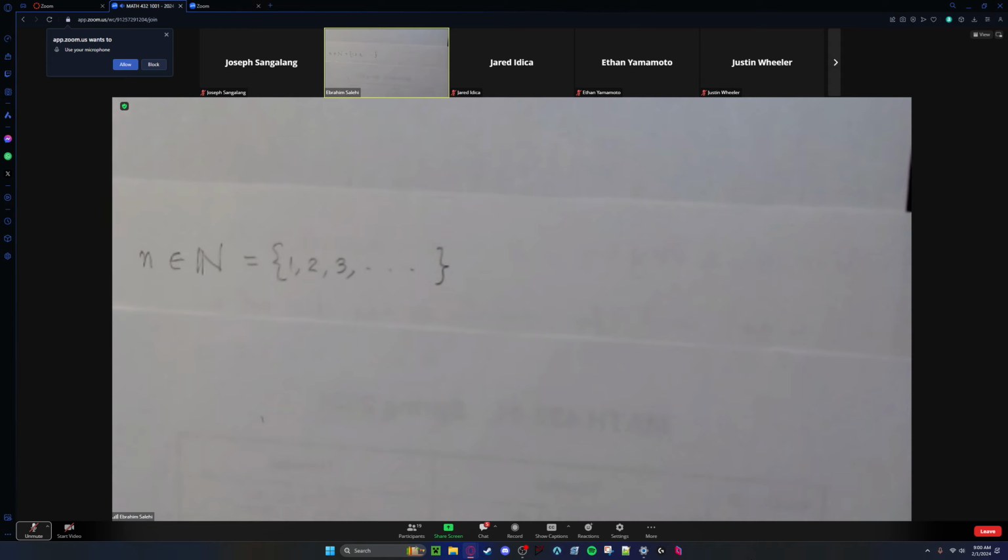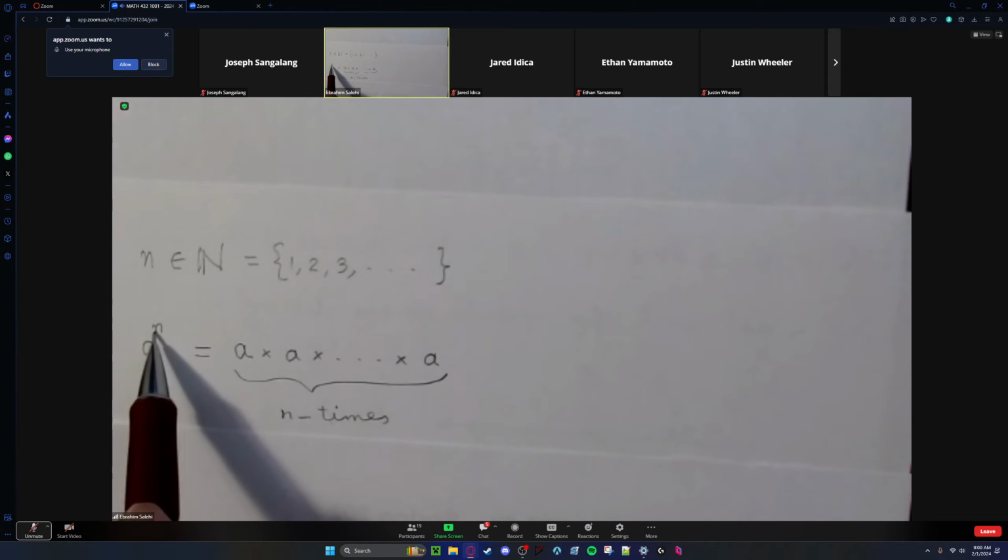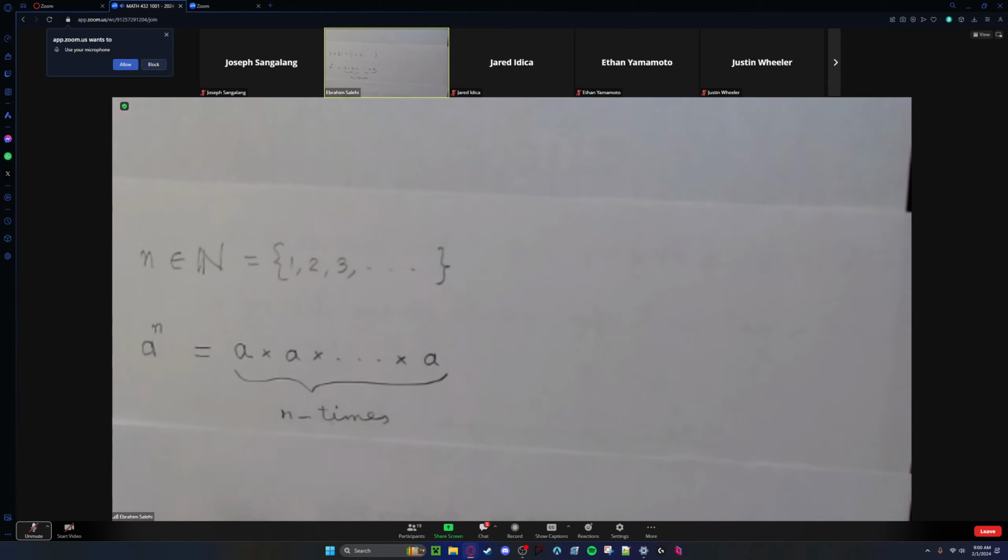So you have a number, a positive number, all right. The first thing we did, we defined what we mean by a to the n when n is a natural number. When n is a natural number, you simply multiply a by itself n times.